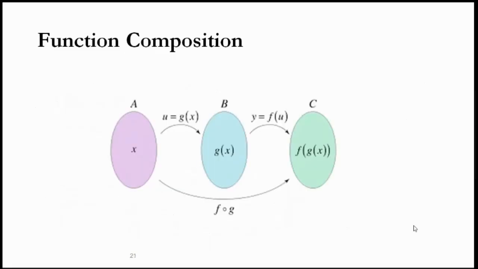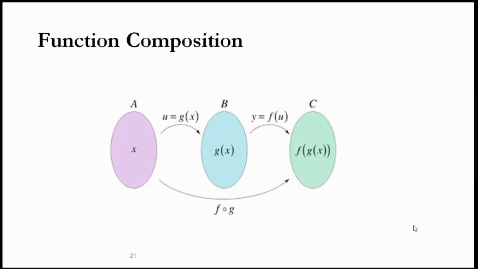Now function composition here, A, B are the sets. Here u is equal to g of x. Then you are mapping from A to B. Then B to C, y is equal to f of u. Then f of g of x is what you will get here.